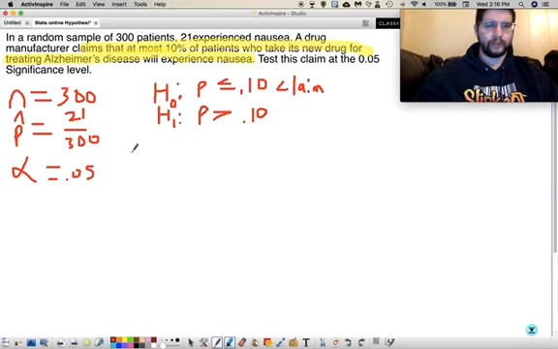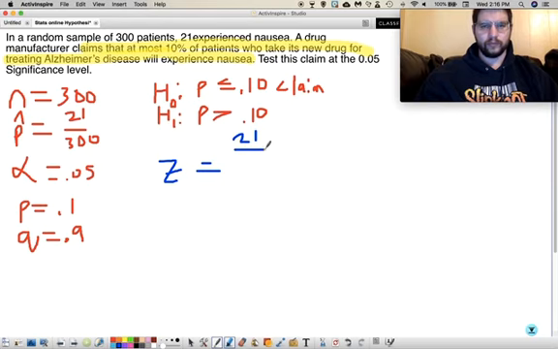Okay, where were we? Now, p is 0.1, q is 0.9. Find your test statistic. Again, this formula is on the top left of page 2 of your formula sheet, or the back of page 1 if you want to look at it that way.